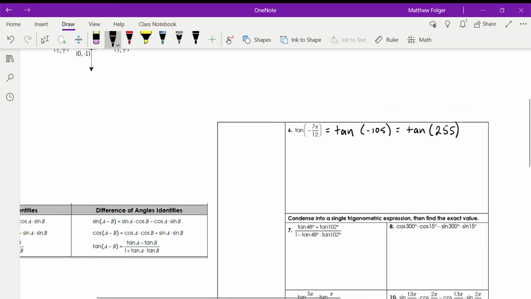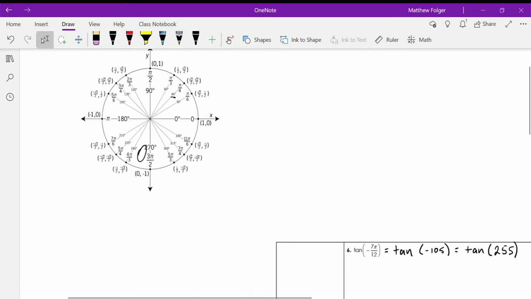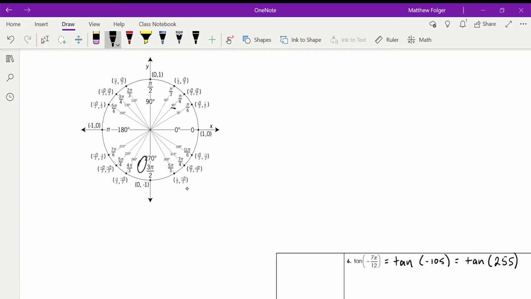Now, if you look up here, tangent is y over x, but we don't have a 255 on our graph to use. So what we need to do is figure out, of the numbers that are on this graph, what are two things that either add or subtract to 255? If I can find those, I can plug them into the formula and we'll be good.